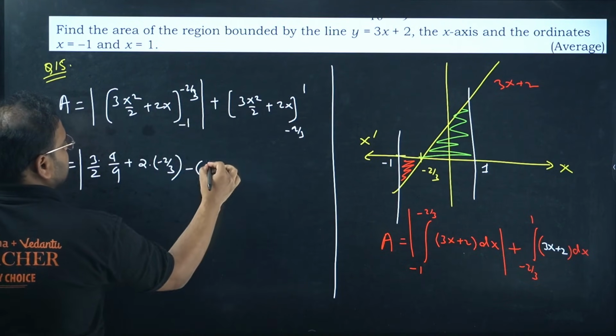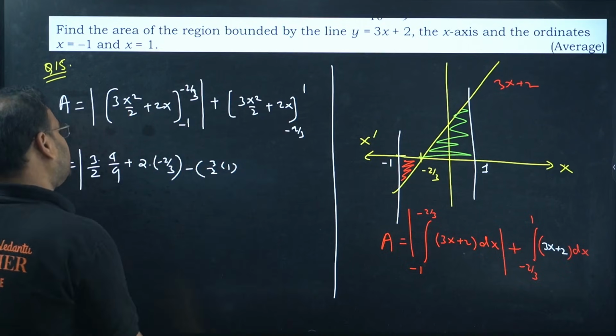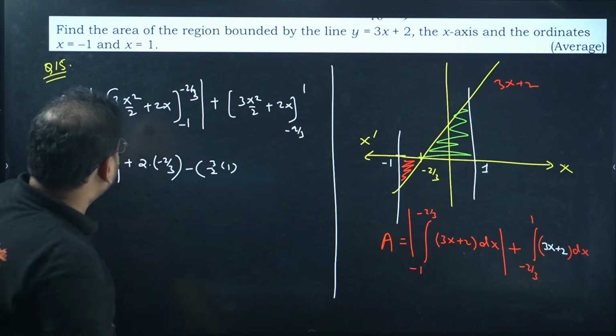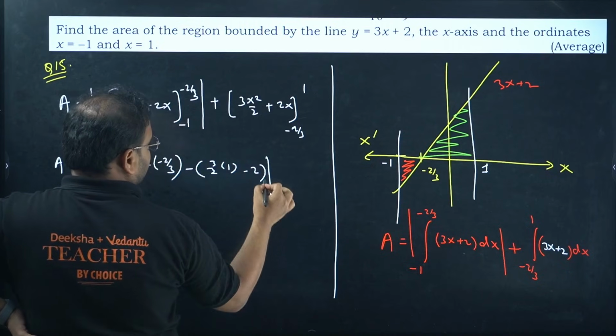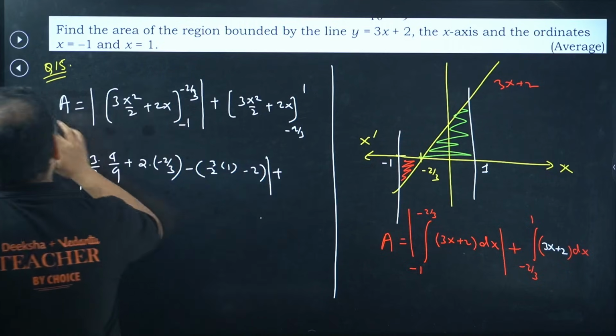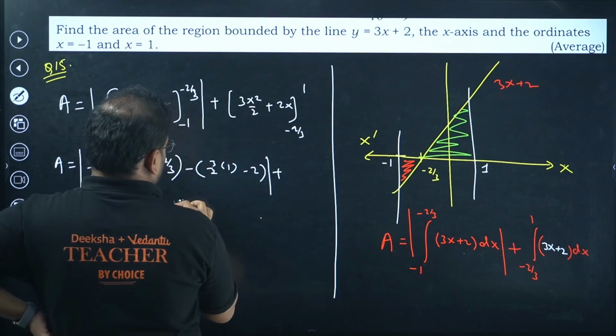You'll have again 3 by 2, and this will be simply 1, since the square of minus 1 is simply 1, and this will become minus 2. So this is the first part. Next, check the other part. For the other part you'll have the same thing.